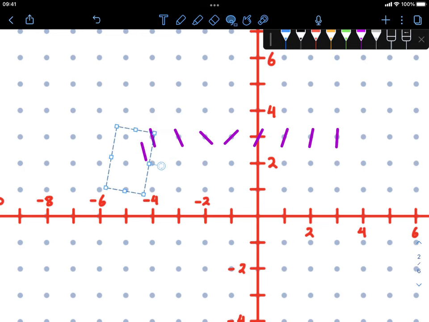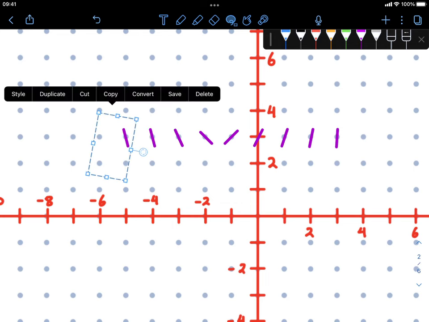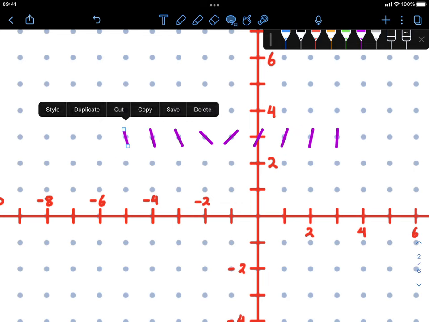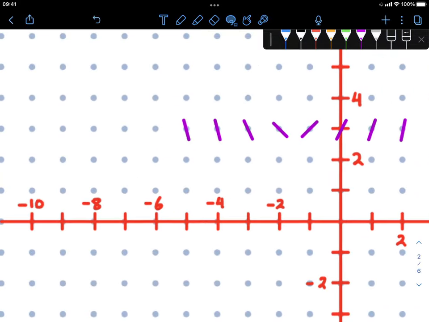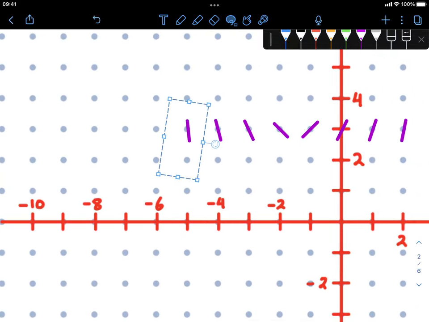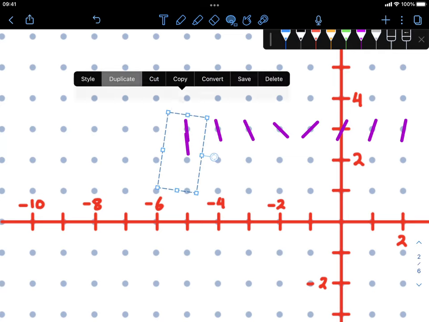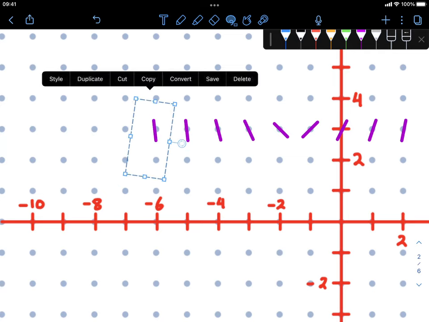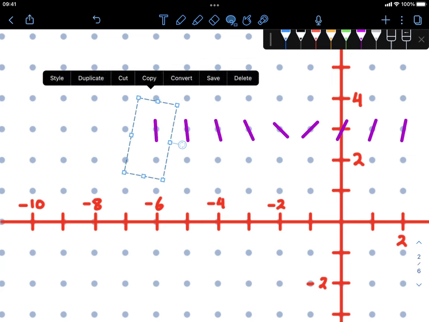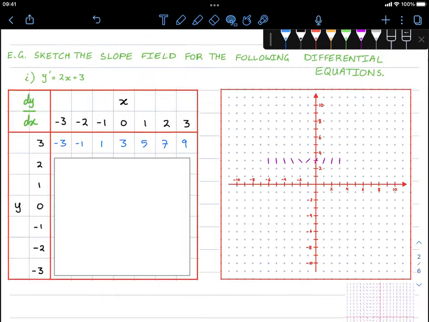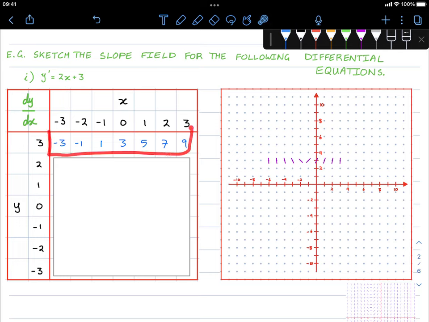Then if we were to go again, you get more steep, mirroring this one. It would be -7. And one more time, it would be -9 for the last one to the left. But that is just for the row at y equals 3.